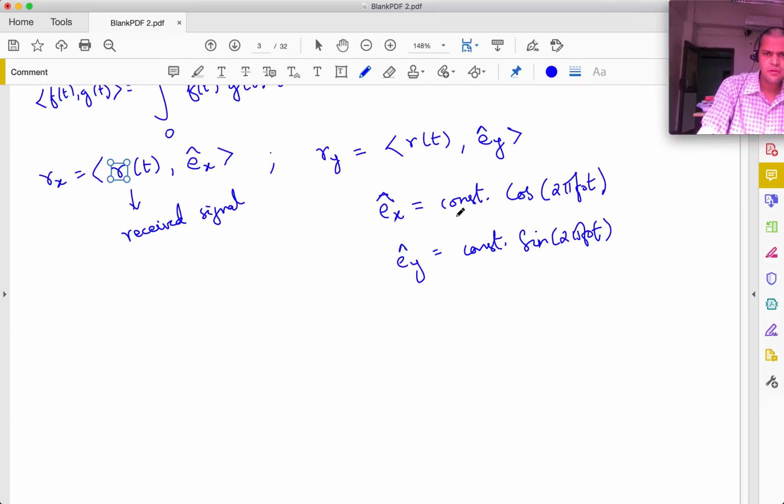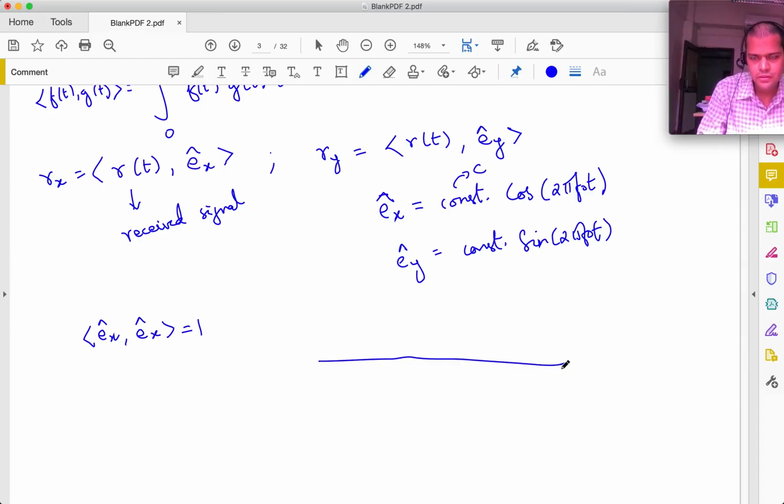So let's think for a moment, what is this constant going to be? I want the dot product of Ex with itself to be equal to 1. Let's just call this constant c. Suppose my signal is being sent over a certain number of wavelengths, so I'm sending it from 0 to T, which is equal to n wavelengths.